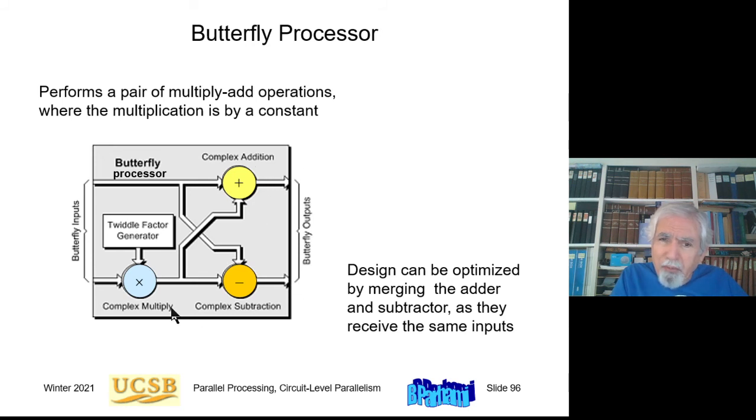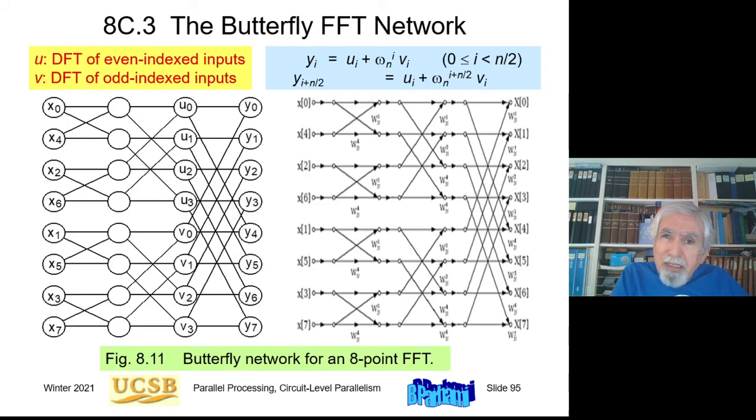So a butterfly processor has a multiplier, an adder, a subtractor, and possibly a memory if we want to make it more general, so that any weight can be applied here, not just one specific weight. Because remember, if these are actually different butterfly processors, each of them uses a specific weight.